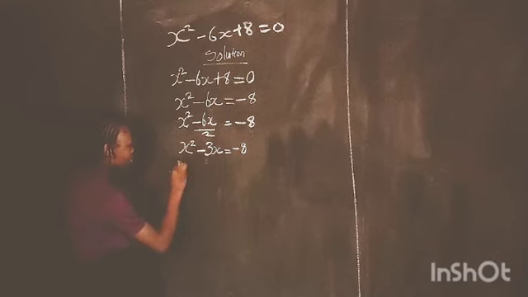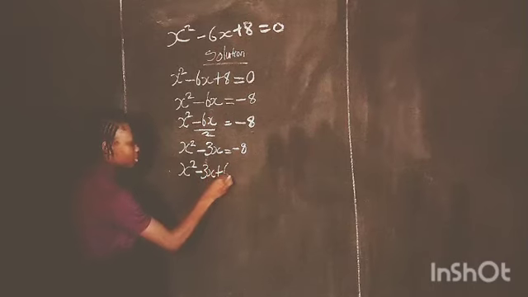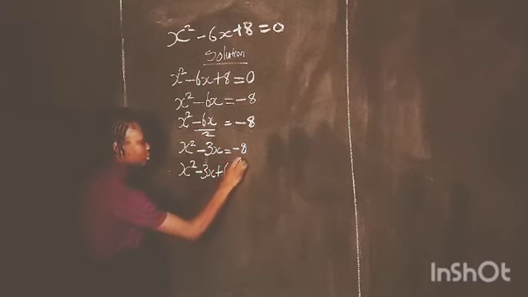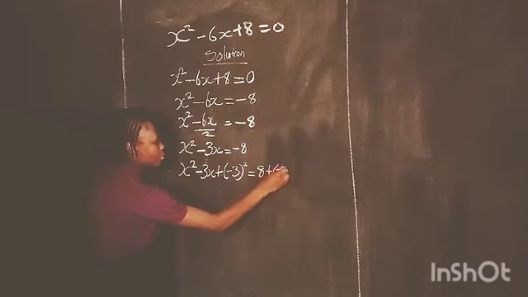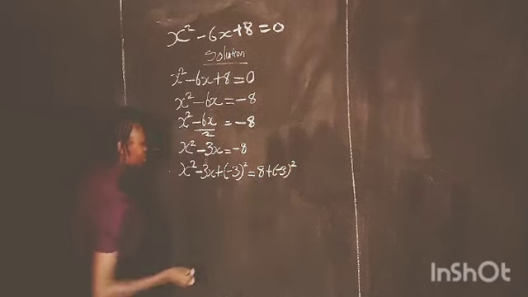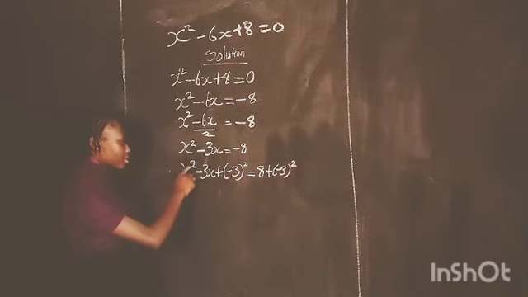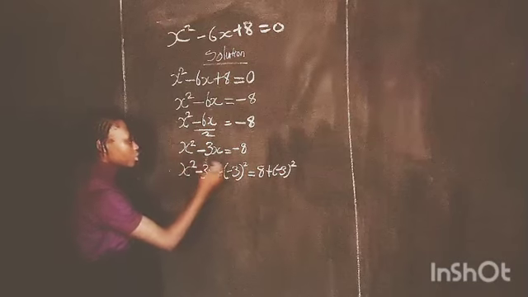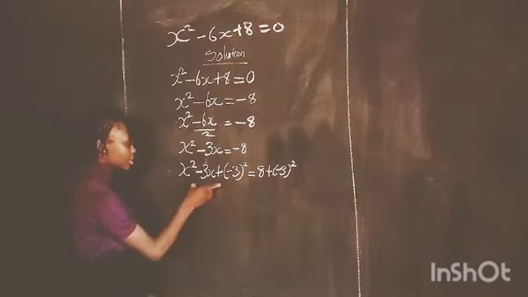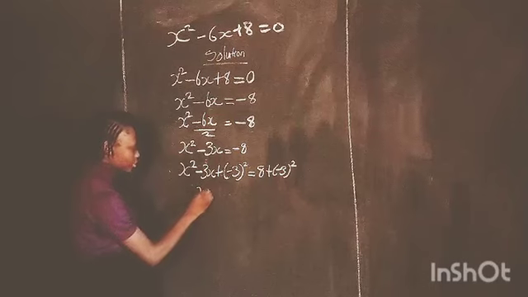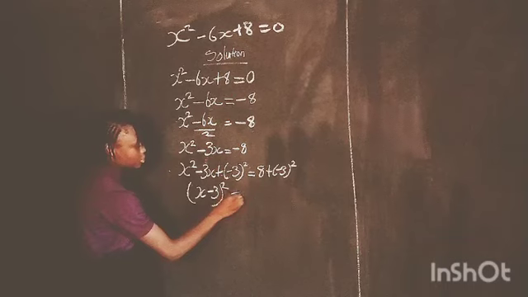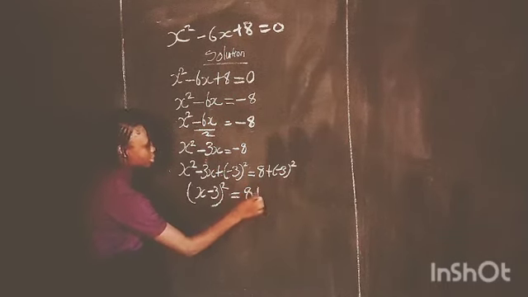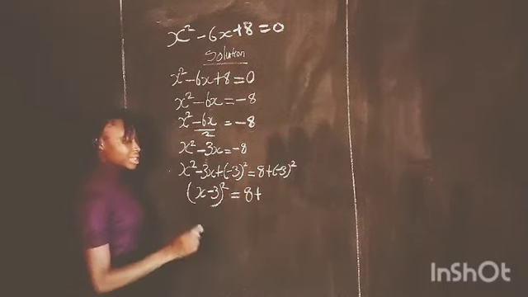Minus 3. So you have x squared minus 3x plus, remember we're adding, since I have square here, x is raised to the power of 2, minus 3 is also raised to the power of 2. I'll collect like terms. So I have x minus 3 square equal to 8 plus minus 3 square, that's 9.